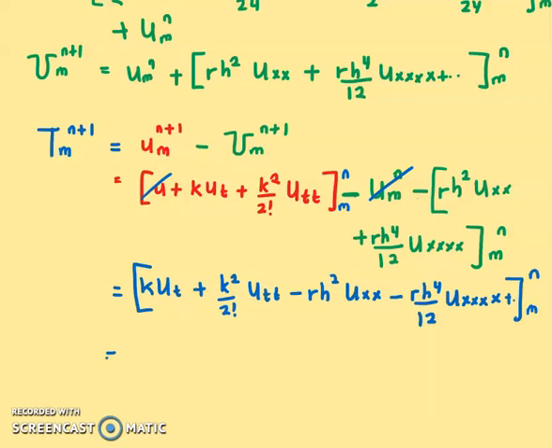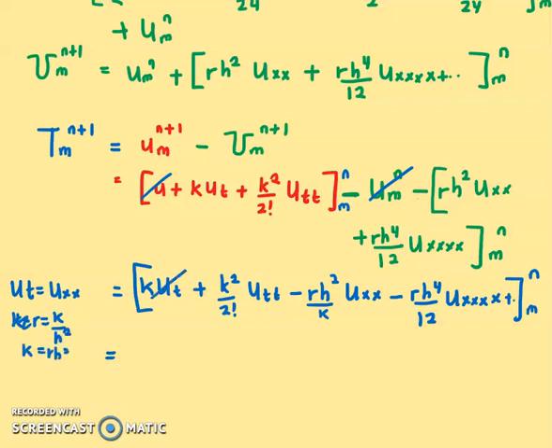Now what we can see here, we know that u_t equals u_xx. This is k, because r equals k over h squared, so k equals r h squared.